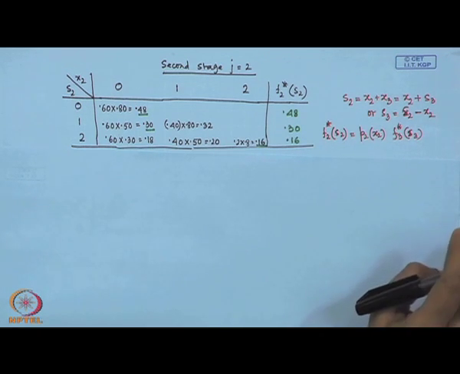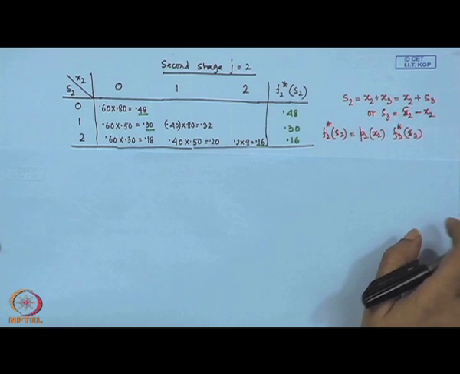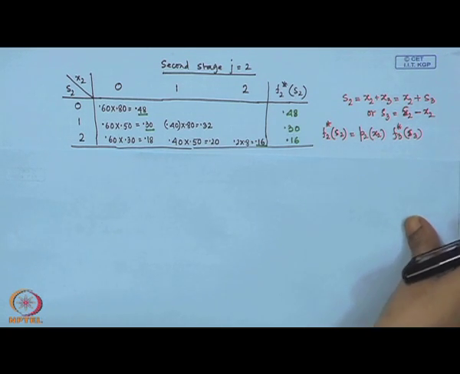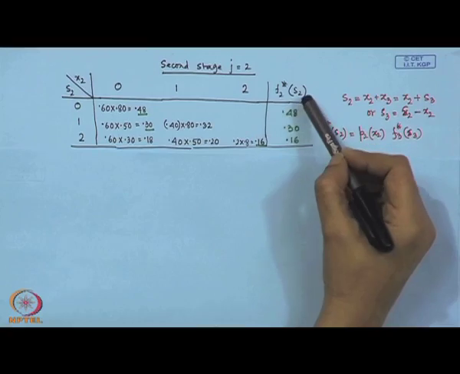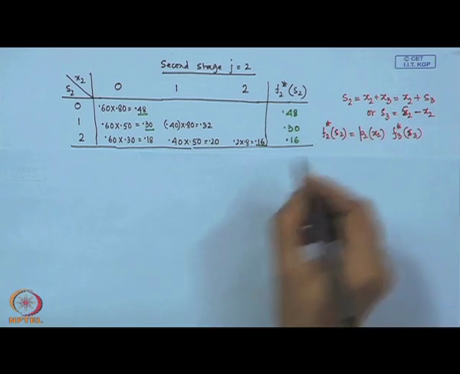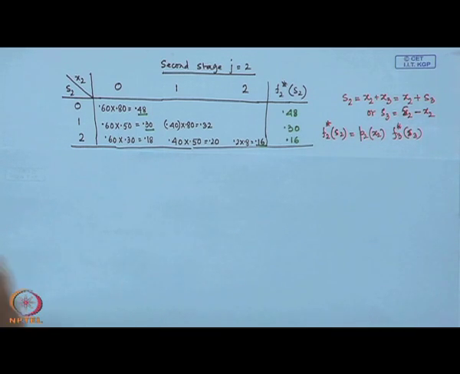Up to this, whatever analysis we have done, we have analyzed the situation for team C in the first stage, then team B and C together in the next stage, and we can get the corresponding optimal solution. This is the state transformation equation, F2(S2) is equal to P2(x2). Certainly this would be minimization of P2(x2).